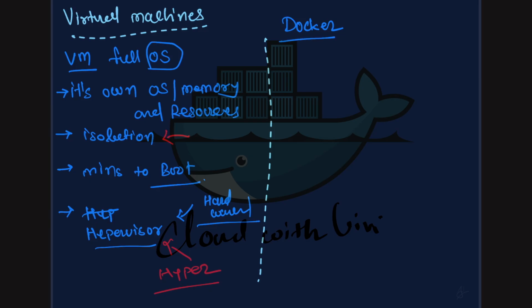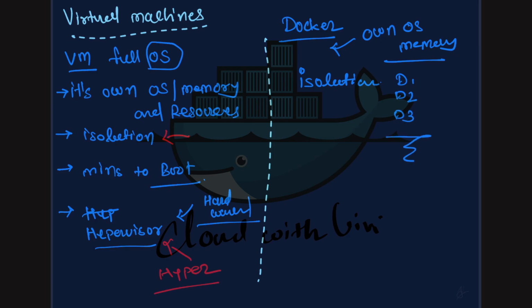memory, and all those things, and it basically provides isolation. So you can create D1, D2, D3, multiple applications, without interfering with each other's memory, storage, and other things. Also, it takes seconds to boot, which helps make the application fast.